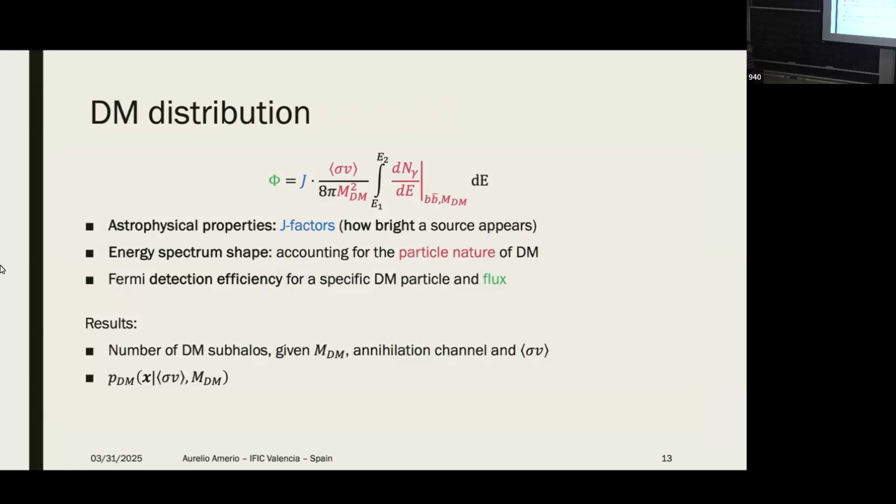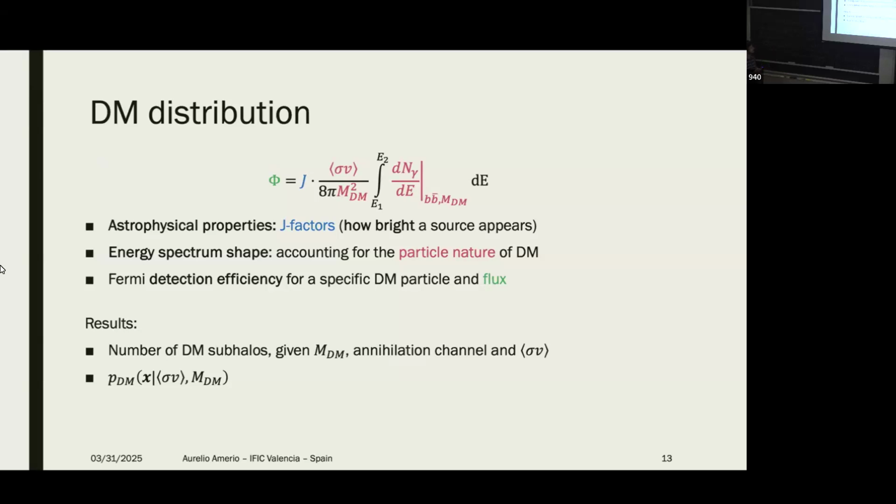First of all, to perform a Monte Carlo simulation of the sky, I need to know the flux of my dark matter source as a function of the energy, and I obtain that by connecting the astrophysical properties of dark matter that are contained in the J factors, that is an integral over the line of sight of the density profile of dark matter, and this basically tells us how many sources of dark matter there are and how bright they are.